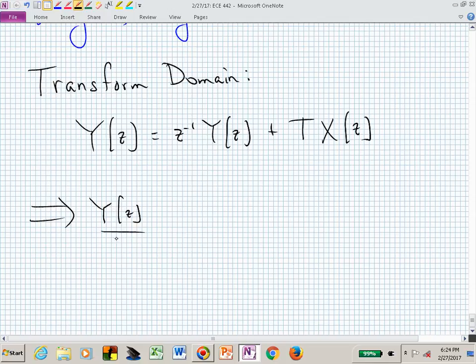Y of z over X of z is now T over 1 minus z to the minus 1. I just pull the Y over and divide by that factor that comes out, which is 1 minus z to the minus 1. Or if I clean this up and write it in terms of z's, I now have Tz over z minus 1.